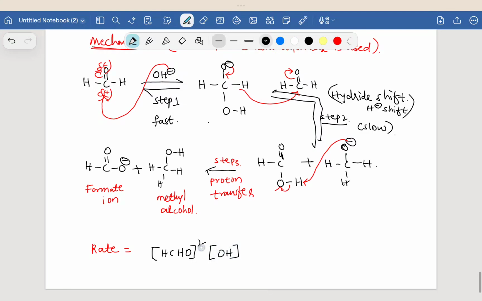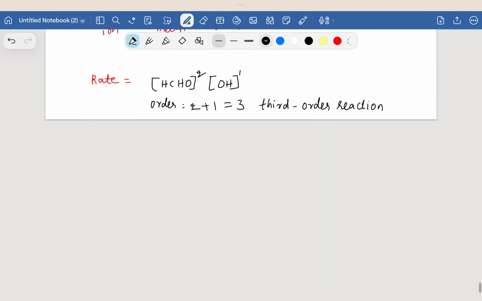So total order is 2 plus 1, which is equal to 3. So this is a third order reaction. So if we are using low concentration base in Cannizzaro reaction, that is an example of third order reaction.